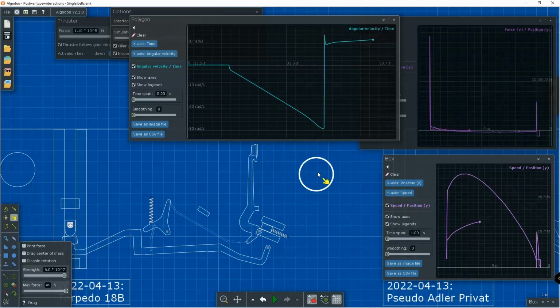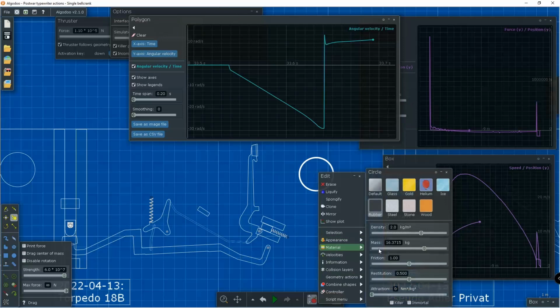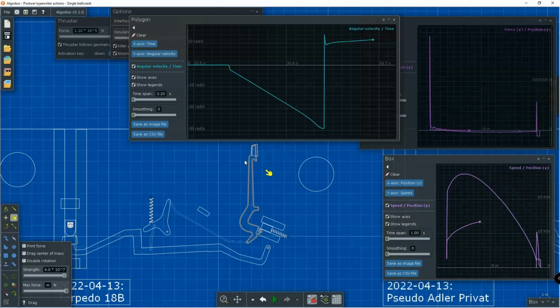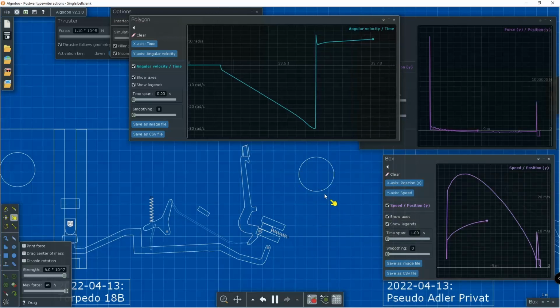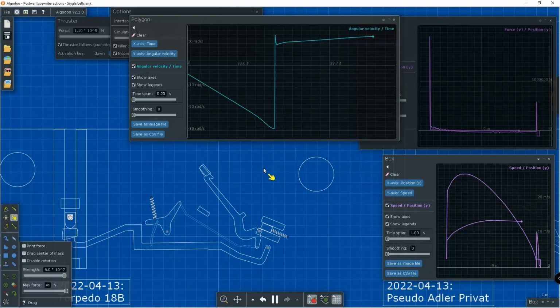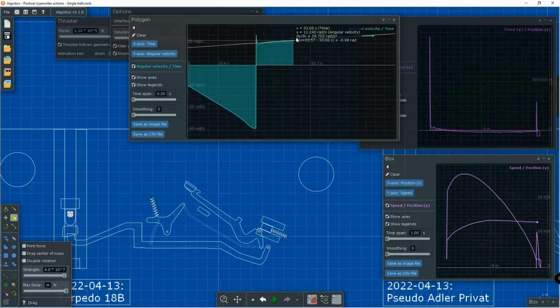So this game does allow you to represent the coefficient of restitution, or basically how much energy is lost in the type bar after it hits the platen. And here we can see that there's a mild increase in force.